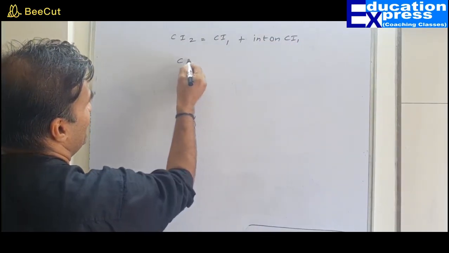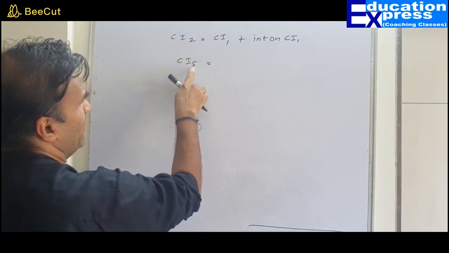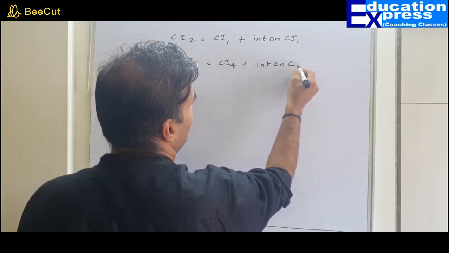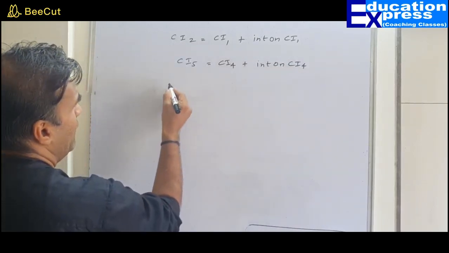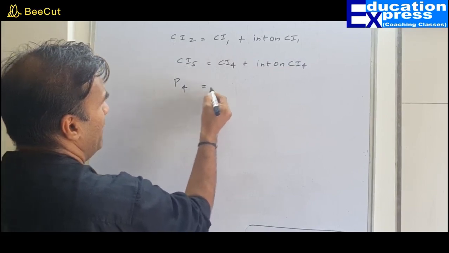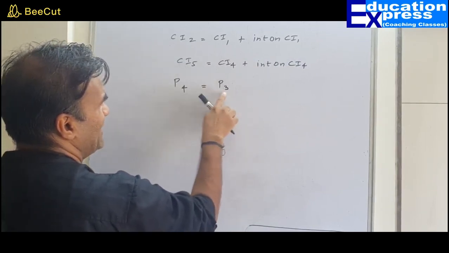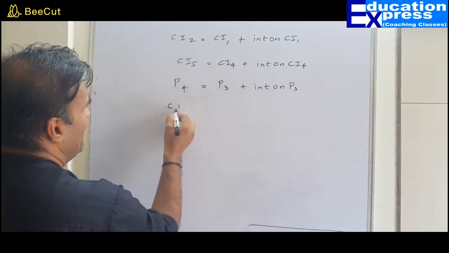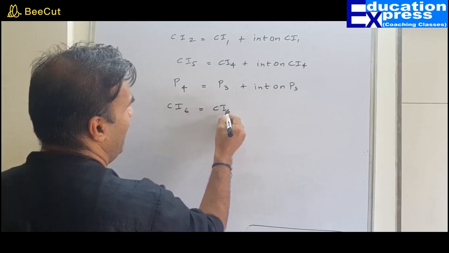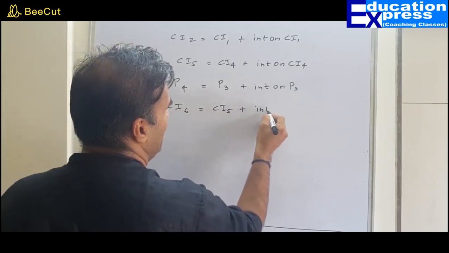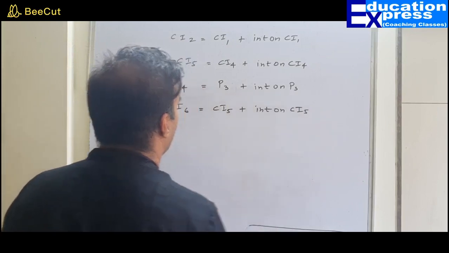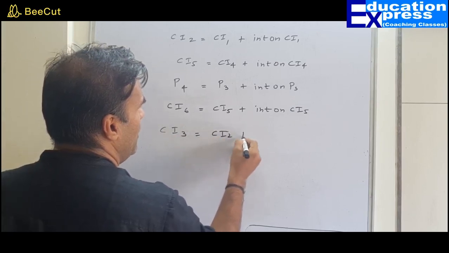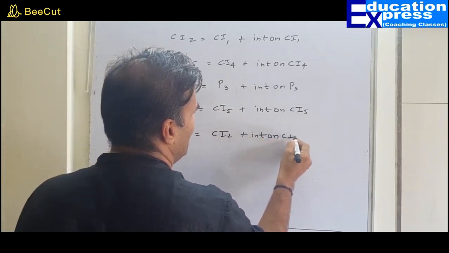In other words, CI5 will be equal to CI4 plus interest on CI4. When I write CI6, it would mean CI5 plus interest on CI5. When I say CI3, it means CI2 plus interest on CI2.